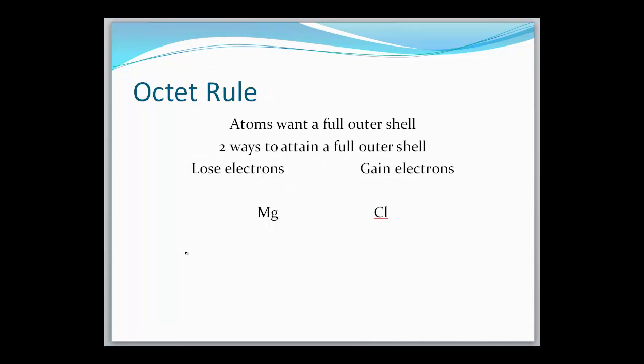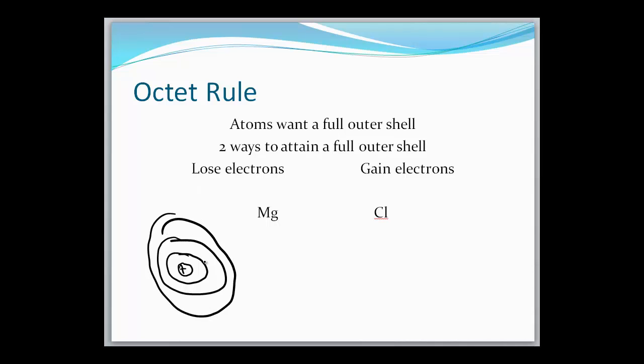So if we're looking at magnesium, and let's just draw the Bohr model. We have 1, 2, 3 energy levels, 2 electrons in the first, 1, 2, 3, 4, 5, 6, 7, and then 8 in the second, and then we have 2 electrons in the third.